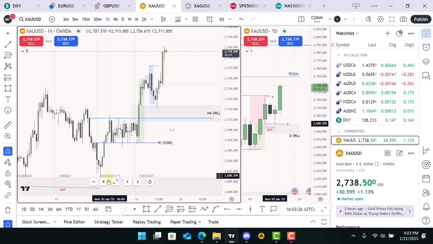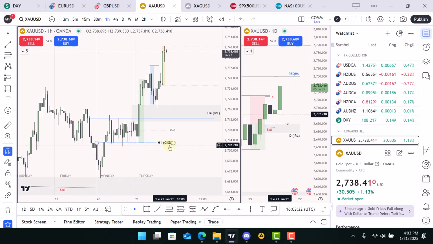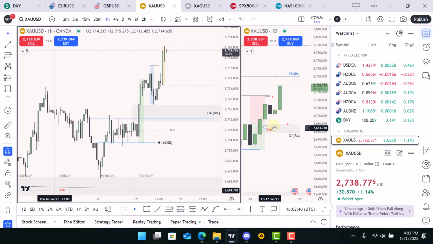Now after price reacted to the daily internal range liquidity, the 1 hour also changed state of delivery. Let's observe something here on the daily chart. You can see our two candle reversal pattern or candle range theory here.